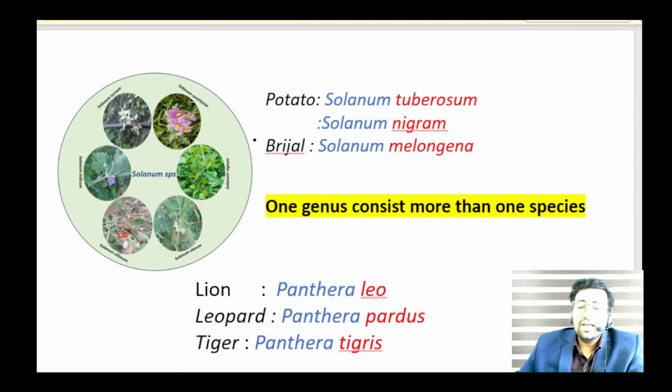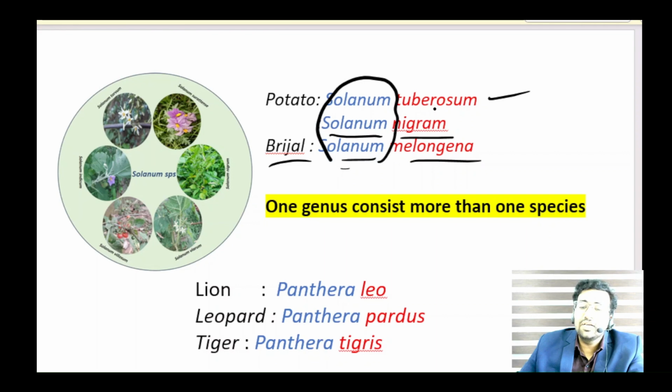If you look at the plant kingdom, Solanum tuberosum is potato, the nightshade plant is Solanum nigrum, and Solanum melongena is brinjal. So the genus Solanum contains three species: tuberosum, nigrum, melongena, and so on. You can see in the figure that one genus consists of more than one species.